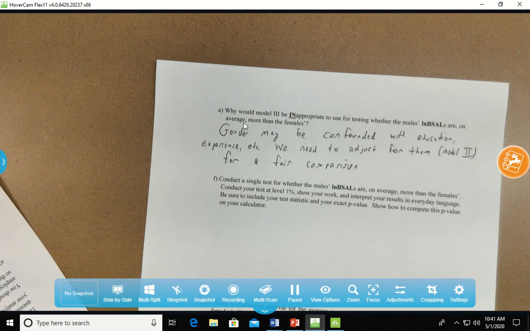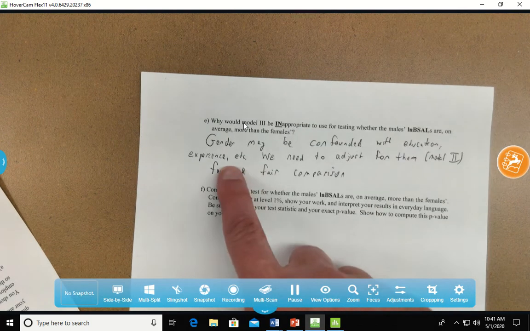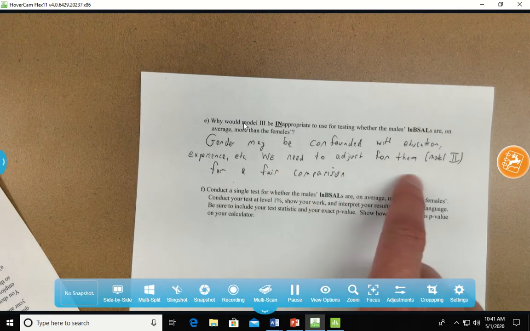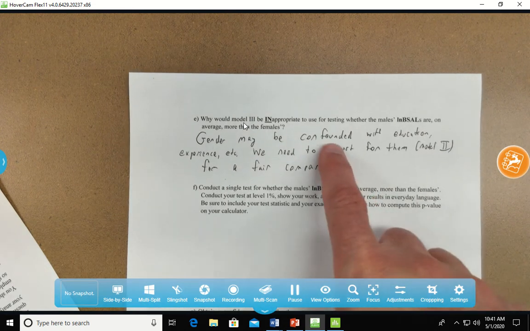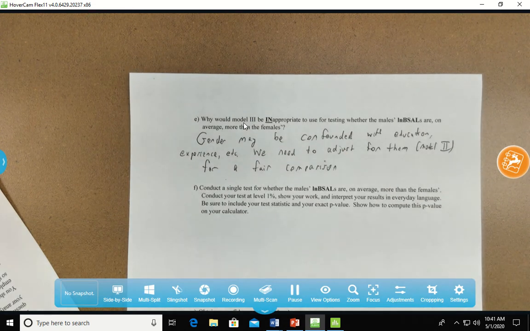So I think what you want to write is that gender may be confounded with these other ones. We need to adjust for them in Model 2 for a fair comparison. So that's something to keep in mind. It's not so much that the slopes might be changing, it might be where you're starting from that might be changing. And so confounding variables might be an explanation for the change in salaries.